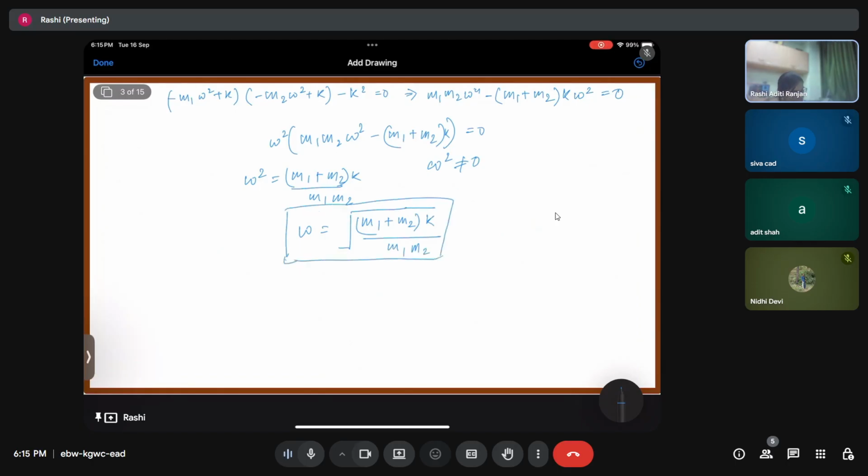Okay, this is the case when we consider omega not equal to 0. What if omega is equal to 0? What does this actually mean?